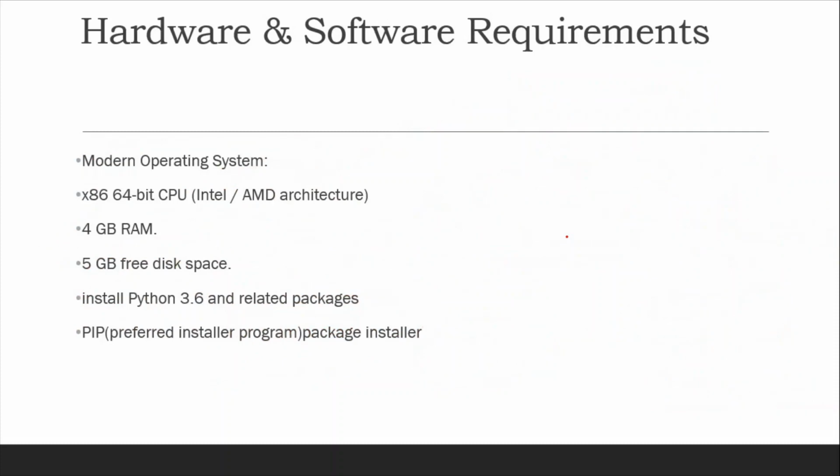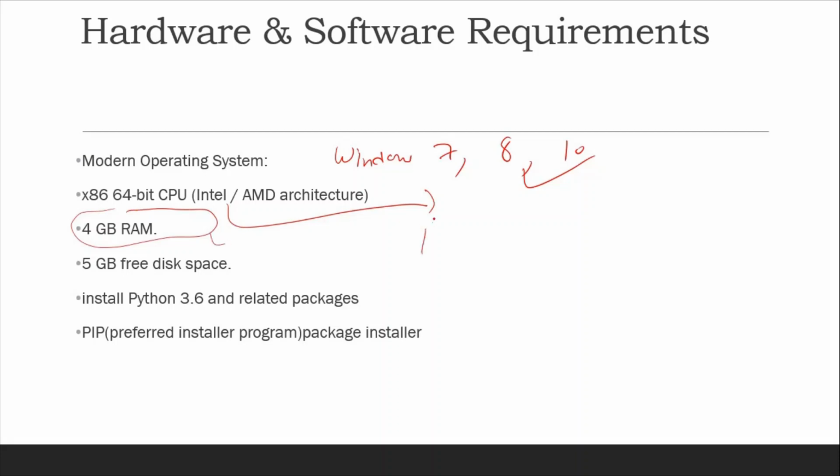So let's look at hardware and software requirements. The requirement for Python is any modern operating system like Windows 7, 8, or 10. For the processor we can use an Intel processor or AMD, Advanced Micro Devices architecture. And we need at least 4 GB of RAM, which is read and write memory, called random access memory.